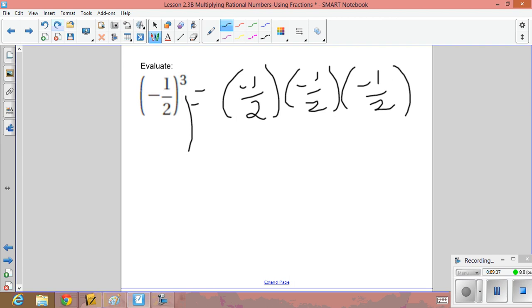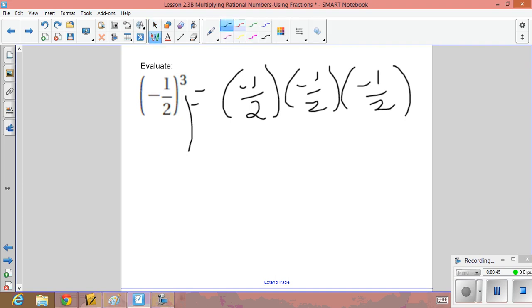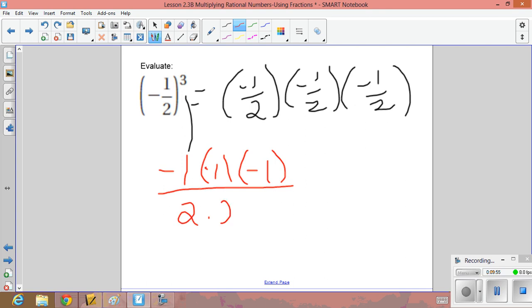So we're going to rewrite this as 1 whole problem. Our numerator is simply going to be negative 1 times negative 1 times negative 1, and our denominator is going to be 2 times 2 times 2.